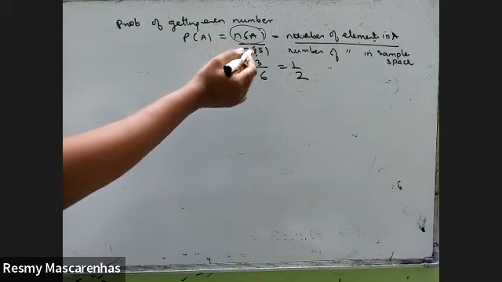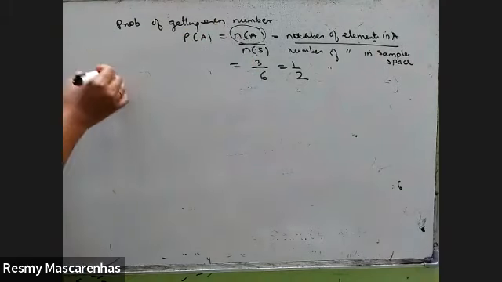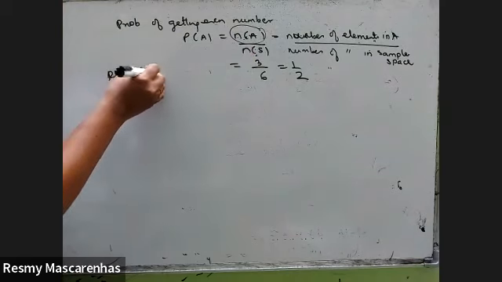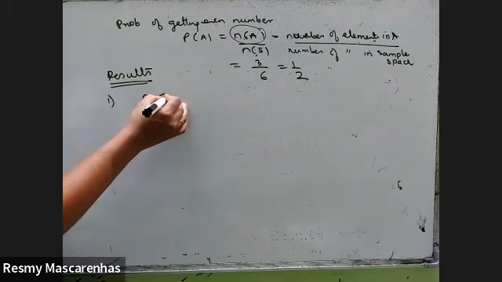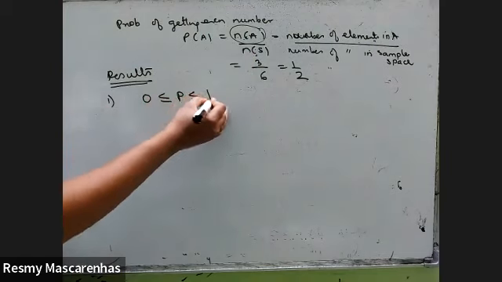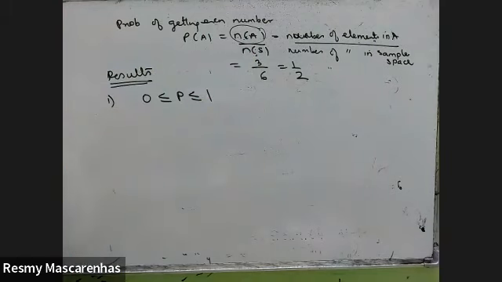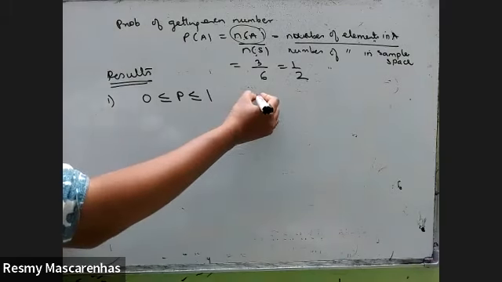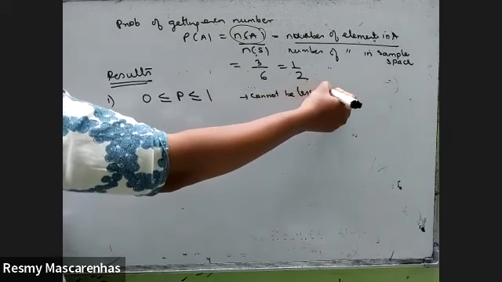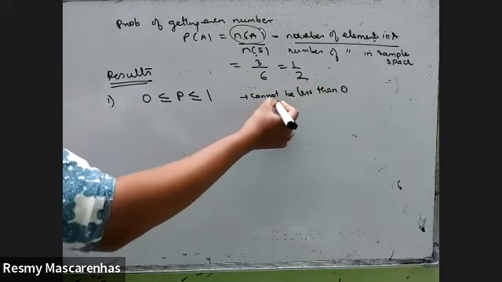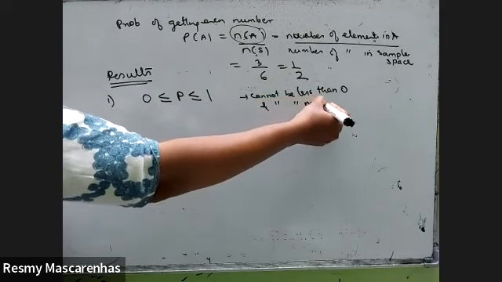Maximum it can be equal, in which case the probability will be 1. So this is a certain result: probability is always between 0 and 1. It cannot be less than 0 and cannot be more than 1.